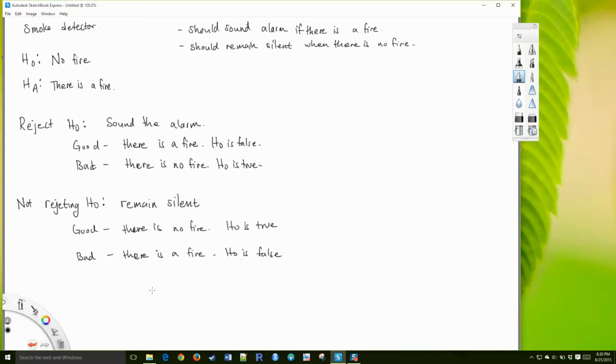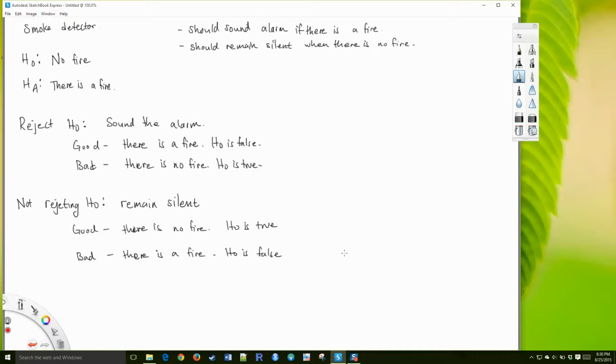Okay, which of these is type 1 error and which of these is type 2 error? Yeah, the question is, so which scenario is a type 1 error and which scenario is a type 2 error? Yeah, Gina.